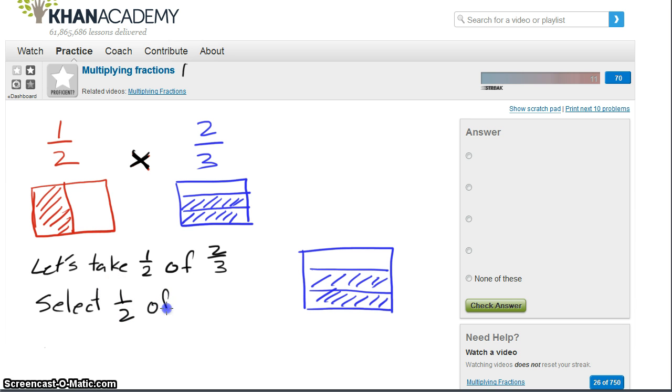1/2 of the shaded area. And what we would do here is overlay this red on top of it and show that half of that is really this piece of it.